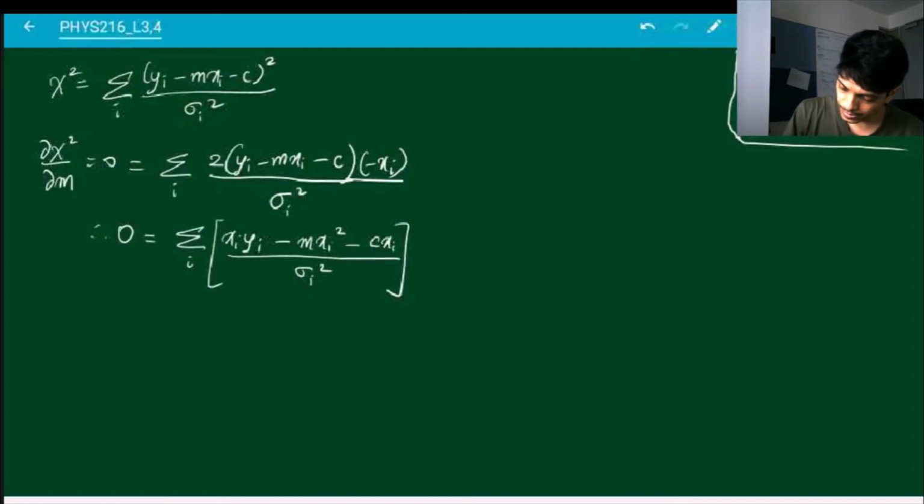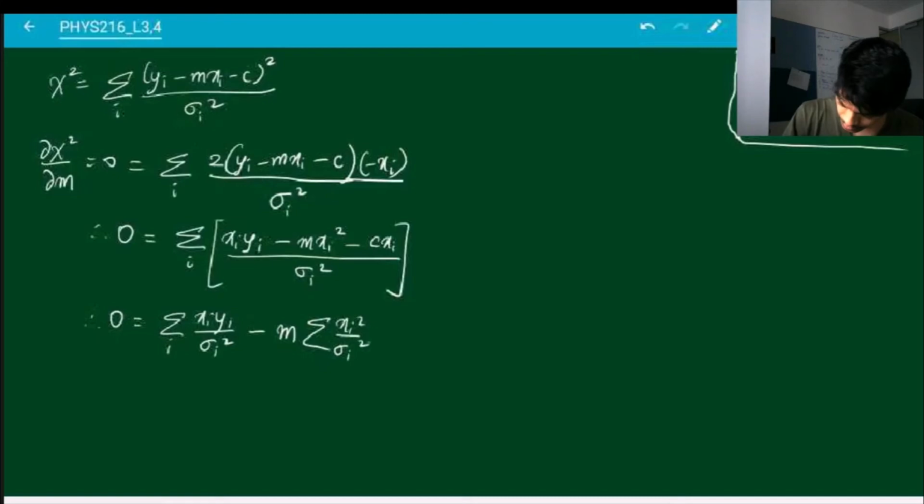Or I can write this as 0 equals the summation over i of xi yi over sigma i square, minus m times the summation of xi square over sigma i square, minus c times the summation of xi over sigma i square.